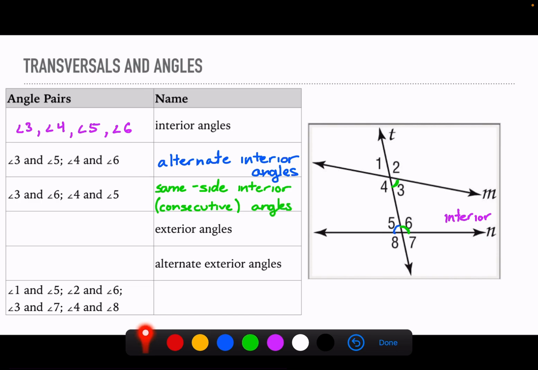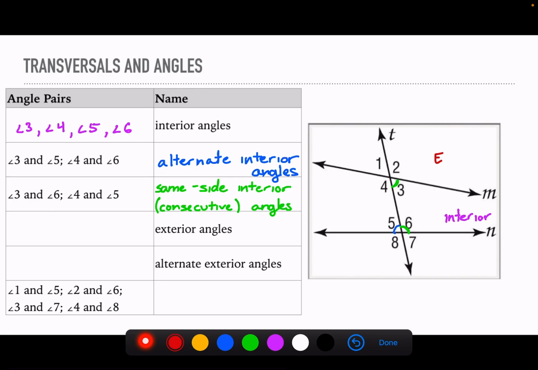And the same thing applies to 4 and 5. Okay? They are same side or consecutive interior angles. Okay? All because these pairs right here, 3 and 5, 4 and 6, 3 and 6, 4 and 5, they all are interior angles.